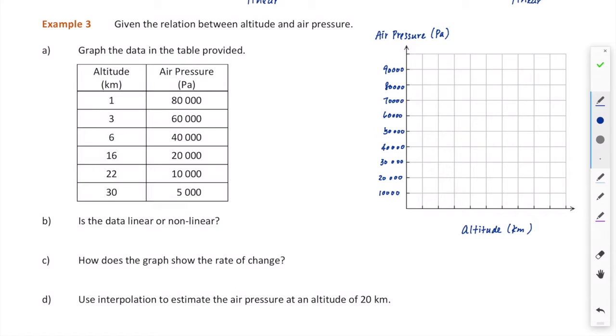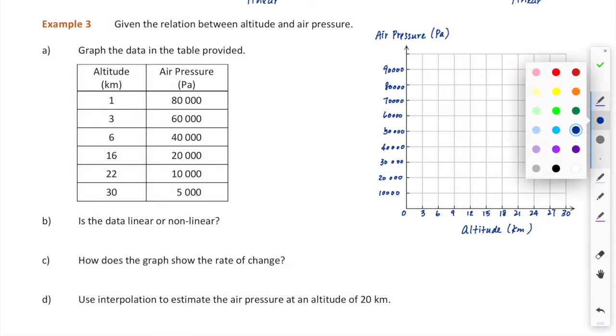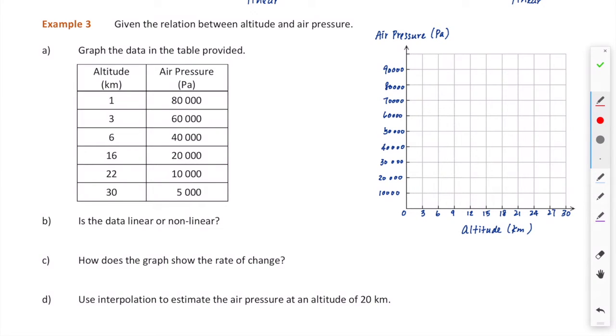Okay, and then for altitude, we have to go all the way to 30. We have 1, 2, 3, 4, 5, 6, 7, 8, 9, 10, 10 boxes, so I think I'm going to go up by 3. Okay, all right, so is the data linear or nonlinear? Well, let's plot. 1 and 80, so somewhere here. 3 and 60,000.